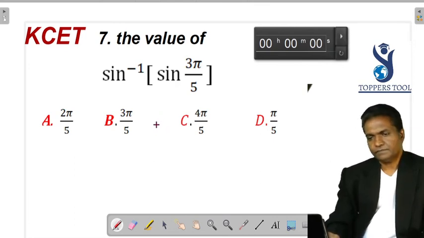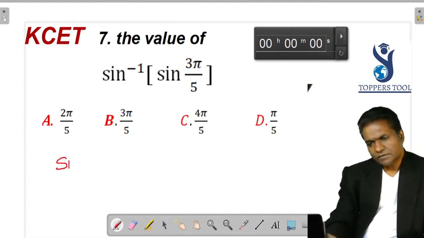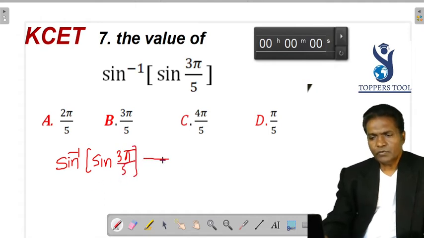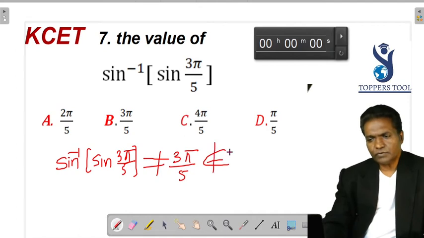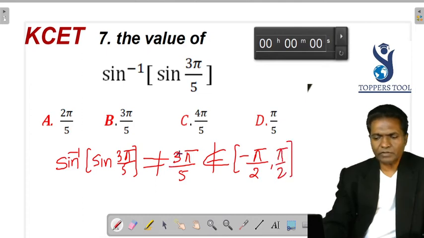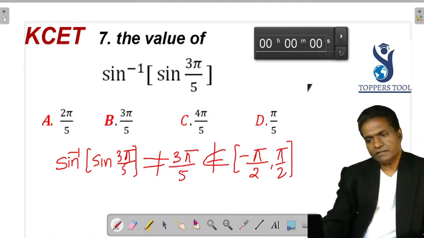Now see here. Sine inverse of sine 3 pi by 5. You cannot write it as 3 pi by 5 directly because it does not belong to the principal branch of sine inverse, that is minus pi by 2 to pi by 2, because the value of this will be more than 90 degrees.